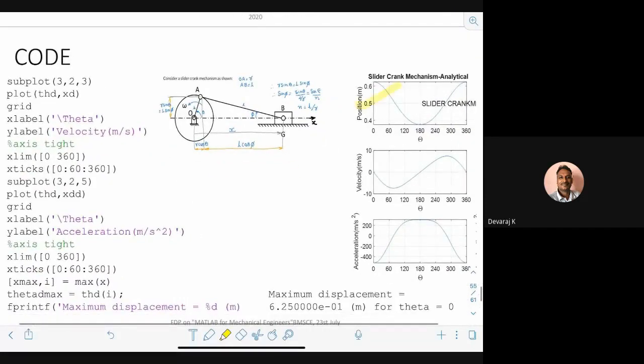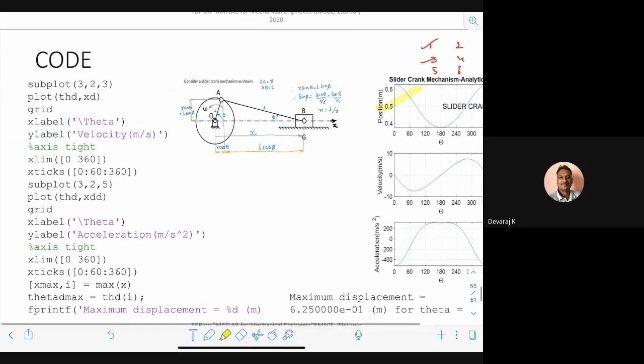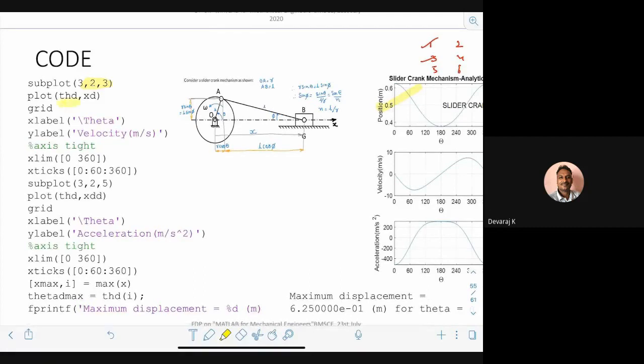But now I want the velocity graph by the analytical method. So what is the position here? Remember, 3 rows. I told you it will go like this: 1, 2, 3, 4, 5, 6. Therefore, this is for displacement. Now 3 is for velocity. Therefore, it should say subplot 3, 2, 3. Plot your x-axis is the crank position theta.